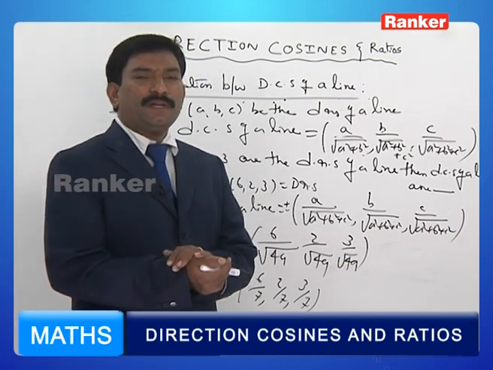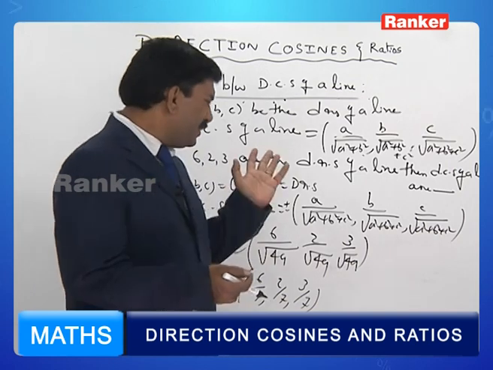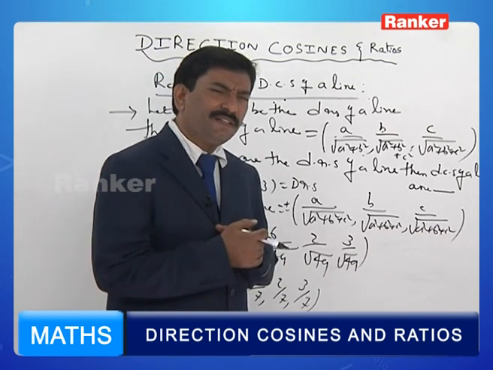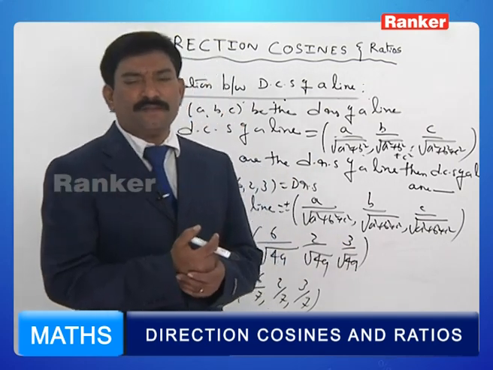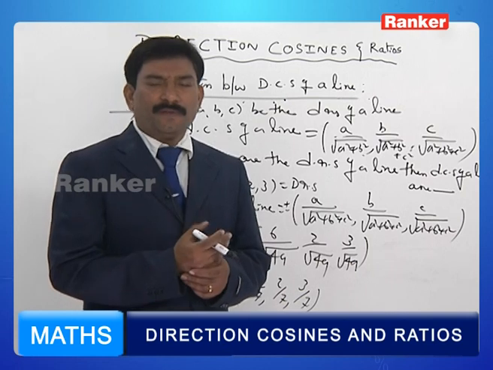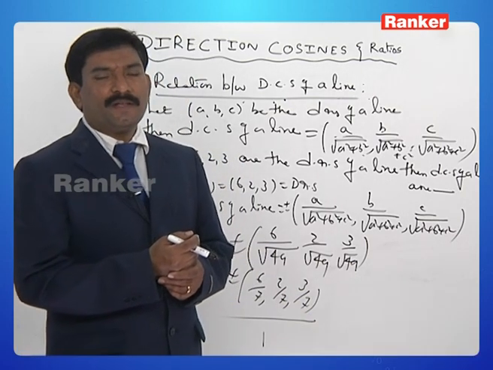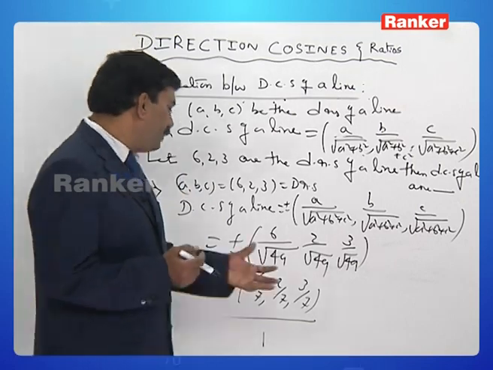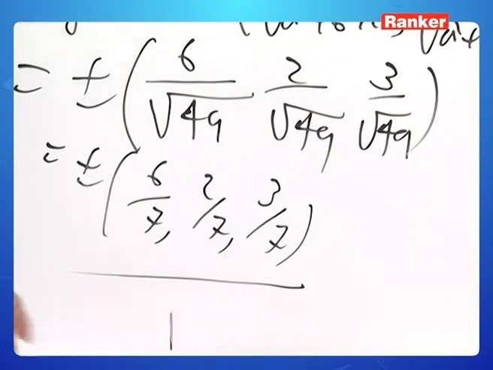So therefore, DCs of a line by using DRs. From this you can understand every DC of a line is a DRs of a line. So therefore, without the denominator, it's a DR. With the denominator, it's a DC of a line.